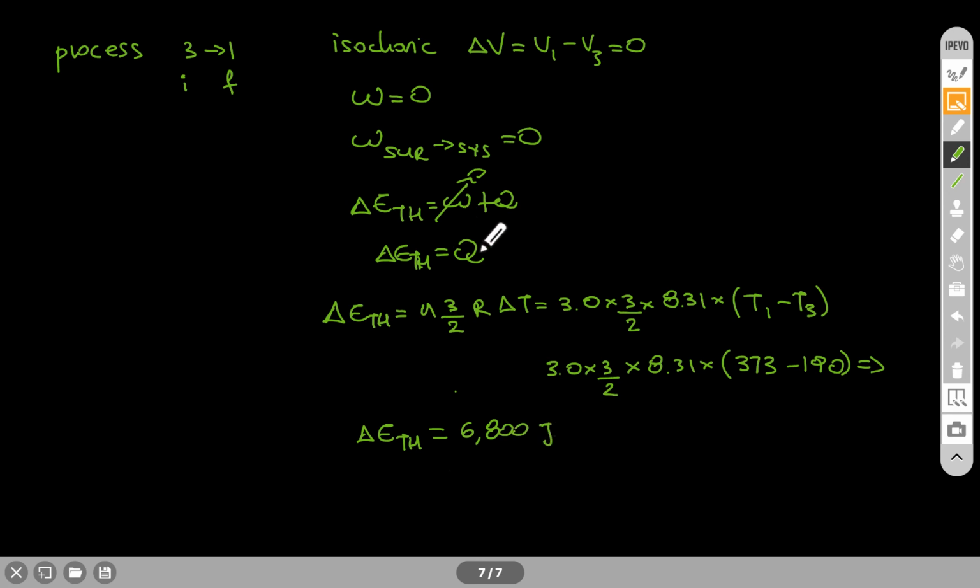And since delta E thermal and Q are equal to each other, it means that Q for this process is also 6,800 joules. And now I have everything for the process going from state 3 to state 1.